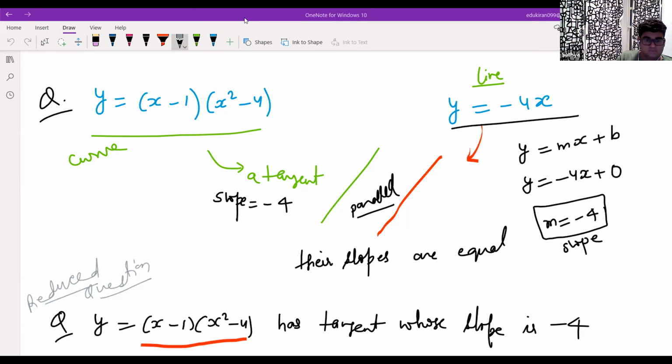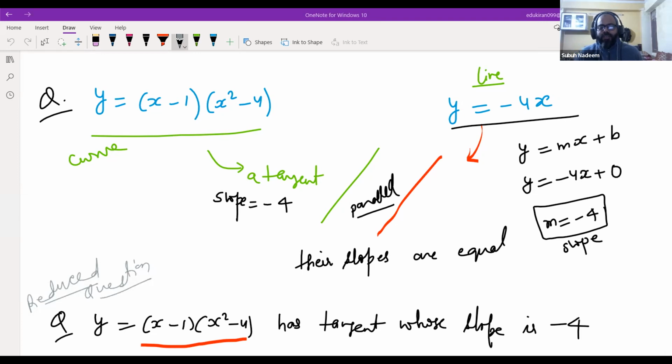So how do we get b as 0? Equation of a line we studied when we were talking about the tangent to a curve, that it is of the form y equal to mx plus b. Yeah, but how do we get b equals 0? So the line here is y is equal to minus 4x. So minus 4x is added to what? 0.